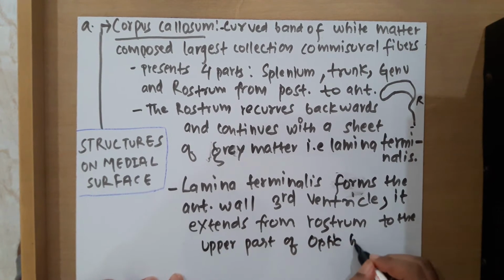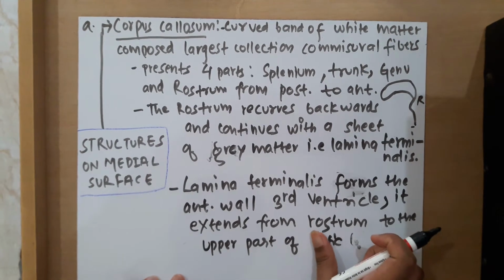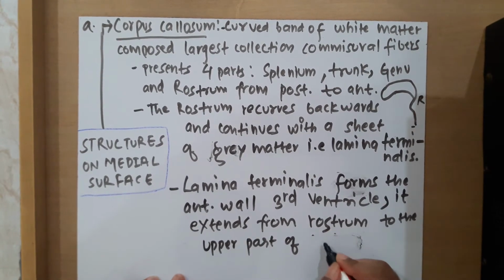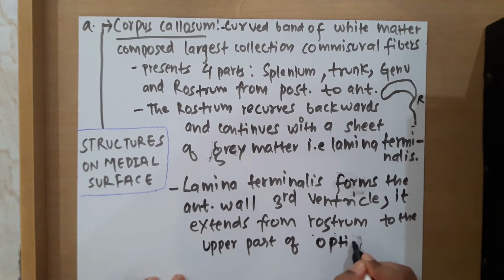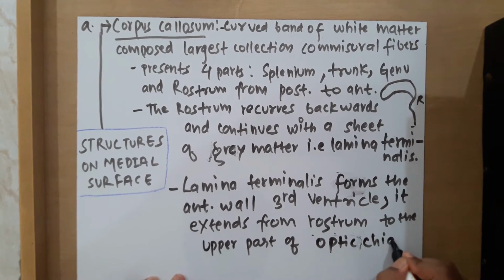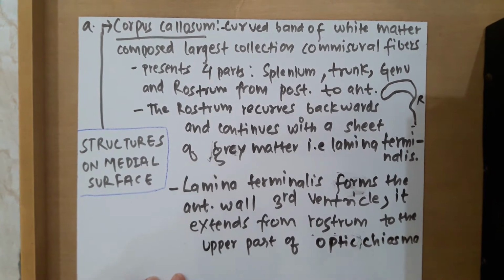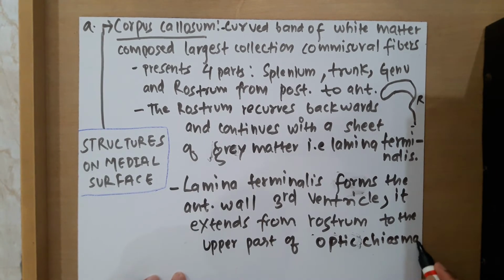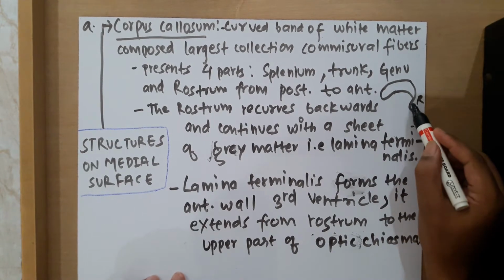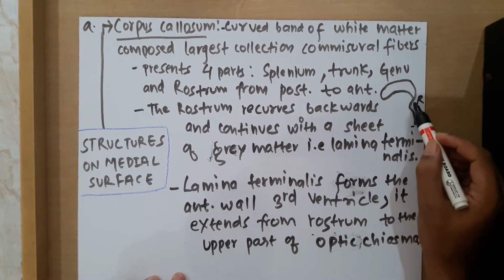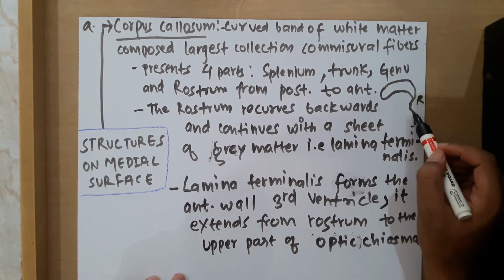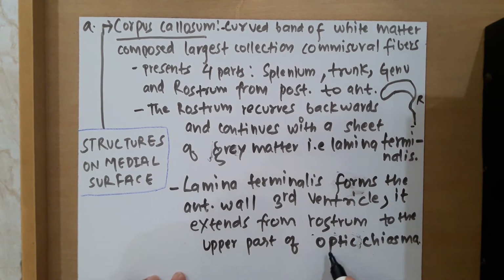Okay, optic chiasma, I guess you are not clear over here. Optic chiasma. The lamina terminalis extends from the anterior part of the rostrum up to the upper part of the optic chiasma.